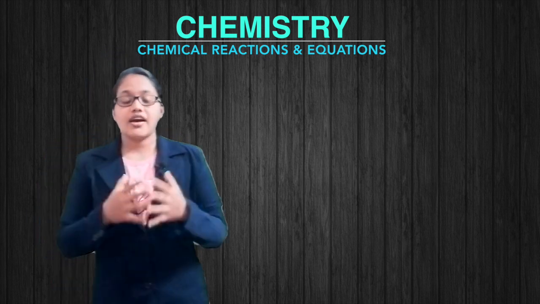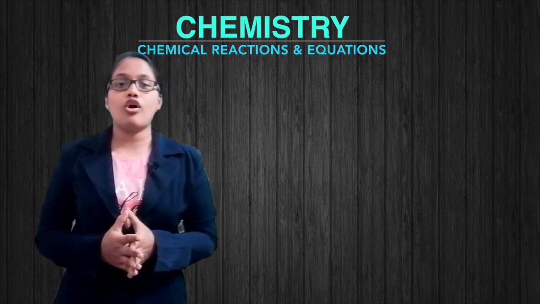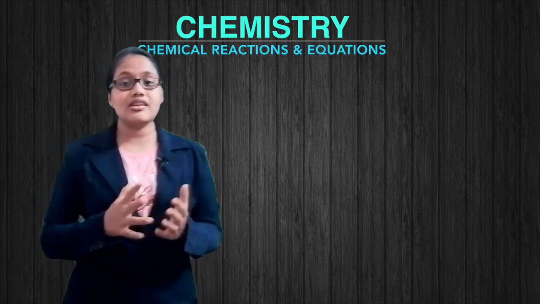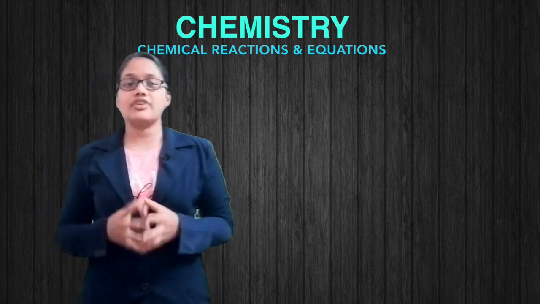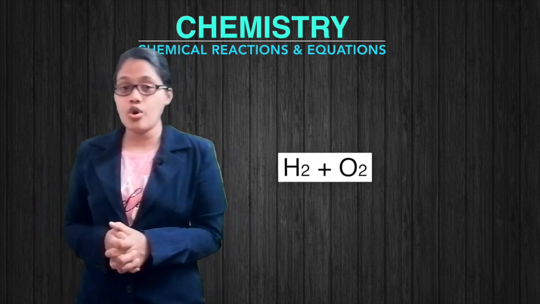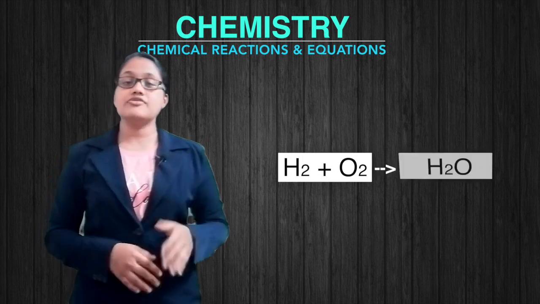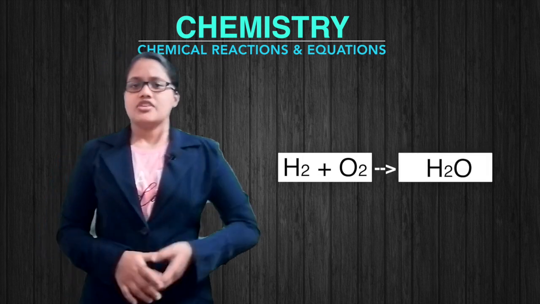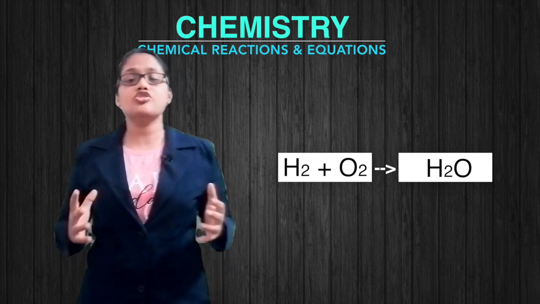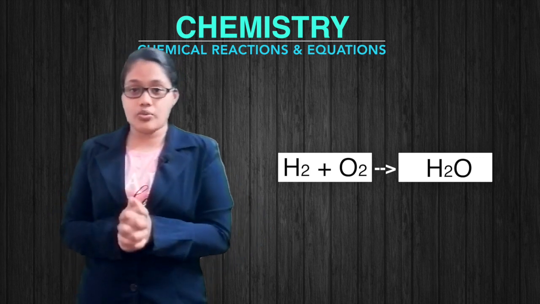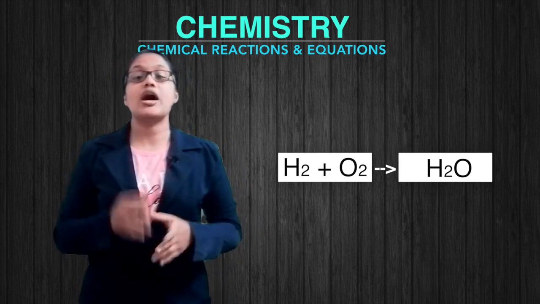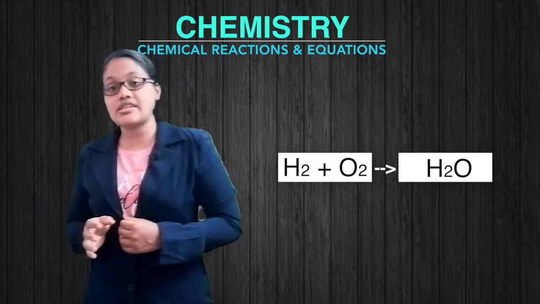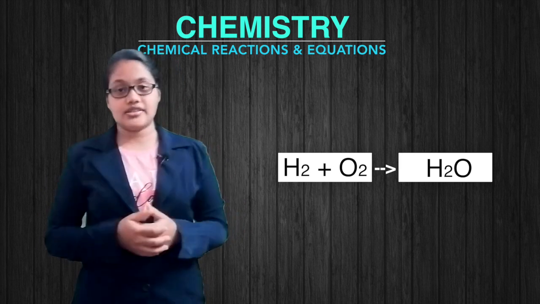For that, let's just take an example of reaction of hydrogen and oxygen to give water. So we have the equation as H2 plus O2 gives H2O. So the first step in order to balance a chemical equation is to count the number of atoms present in both reactant and the product side.